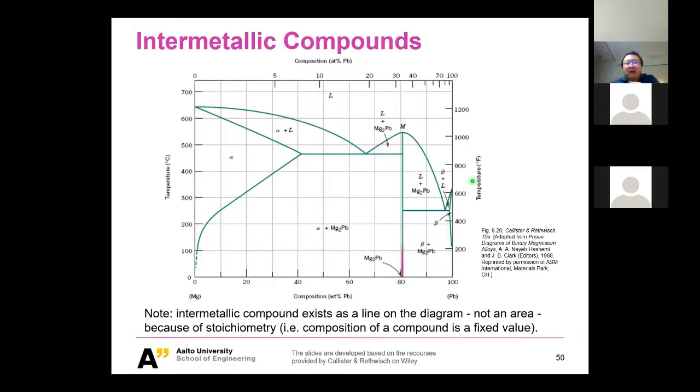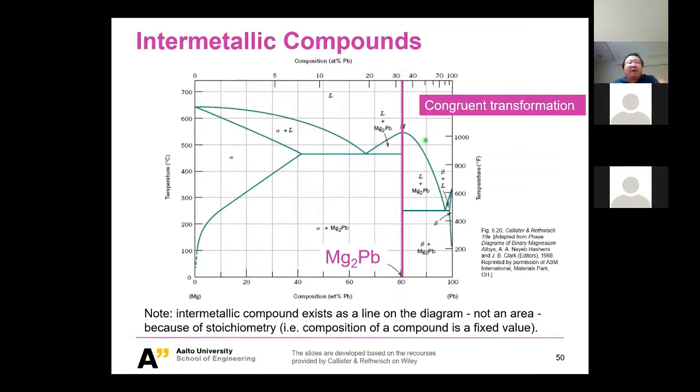So it's nothing but an intermediate solid solution. But the unique feature about it is it has a very specific composition. So it doesn't have a range. It has a specific solid solution. What I'm showing you here is the manganese and platinum phase diagram.